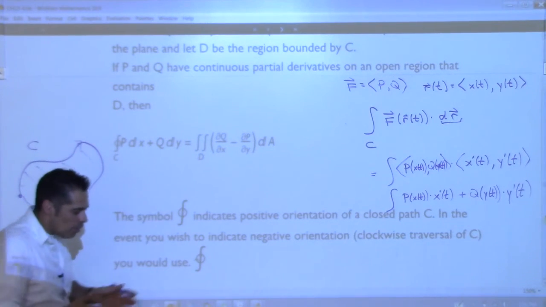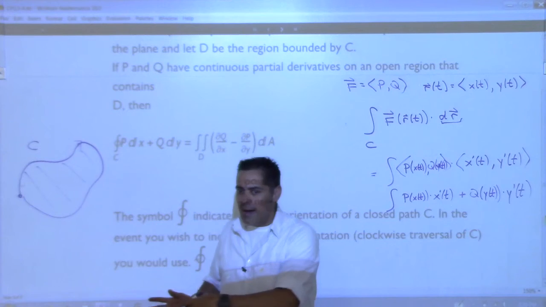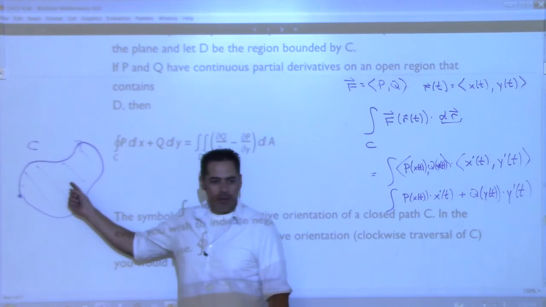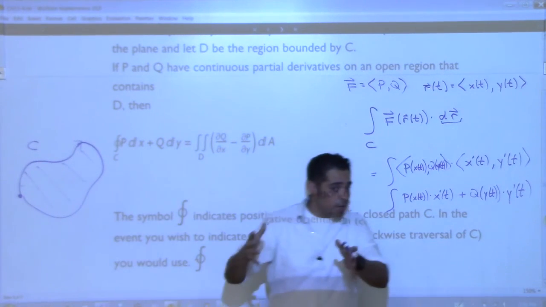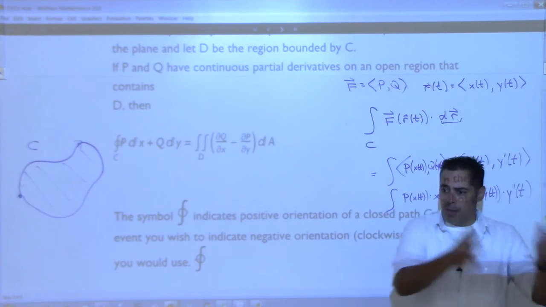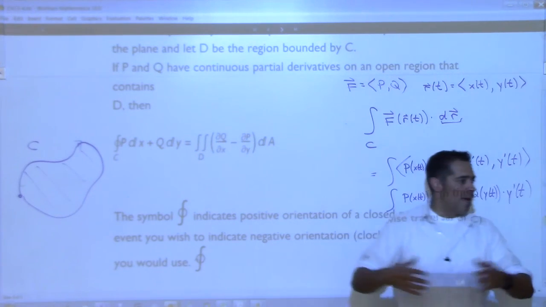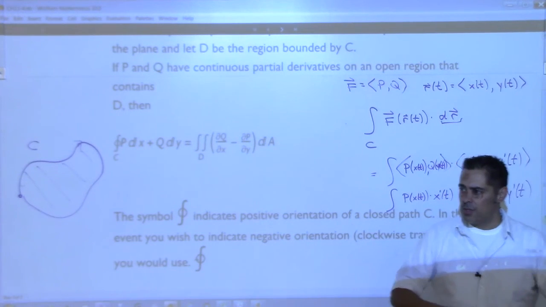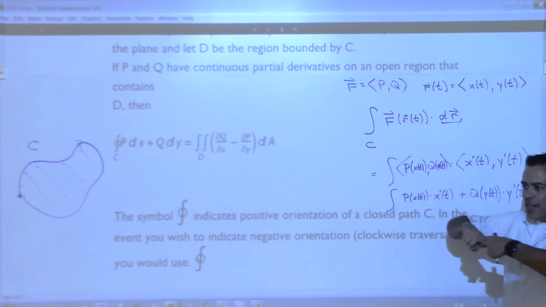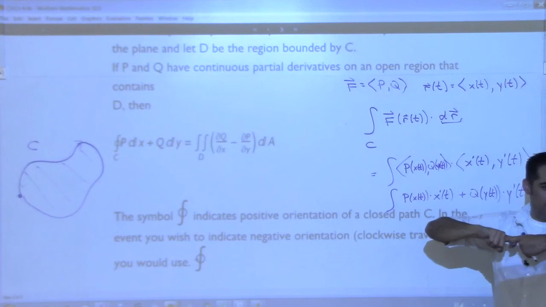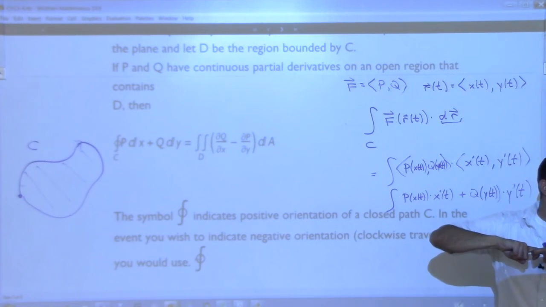So instead of worrying about going around the path, we can calculate work using double integrals, which means we may go back to polar coordinates, or type 1 and type 2 regions. It is a way of connecting line integrals and double integrals together.